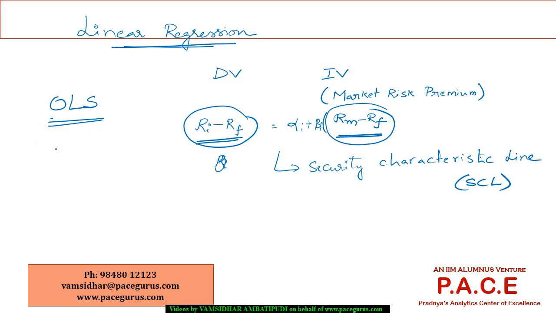Alpha is otherwise called the intercept: that portion of the stock return which is not explained by the market, which is stock specific.